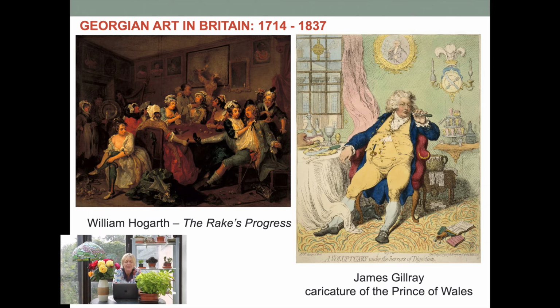So cycles of paintings that tell a story, usually a moral story, like here, The Rake's Progress. So the story of a young man who was lazy and immoral, and he inherited a lot of money from his relatives, and of course he didn't use this money wisely, and basically he squandered the money and destroyed his life in the process.